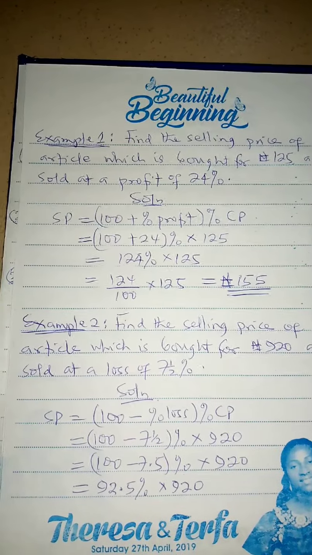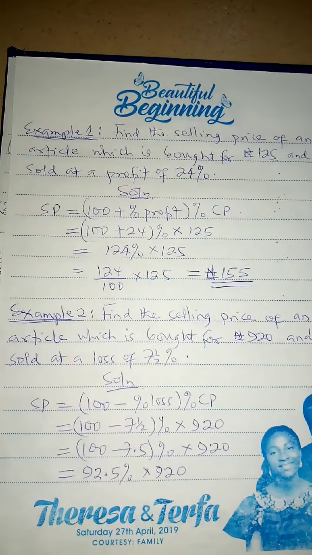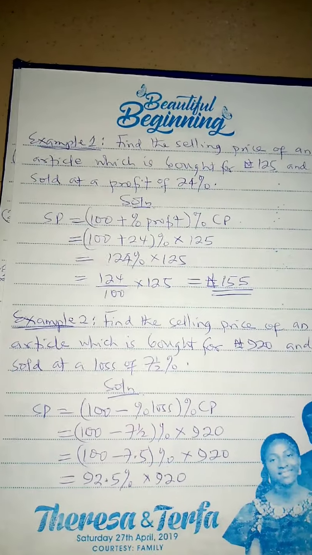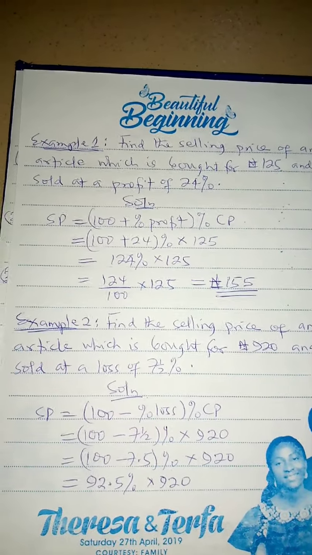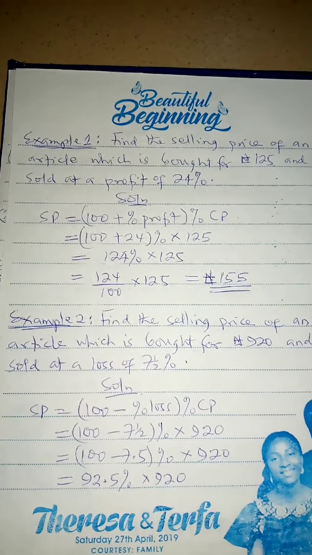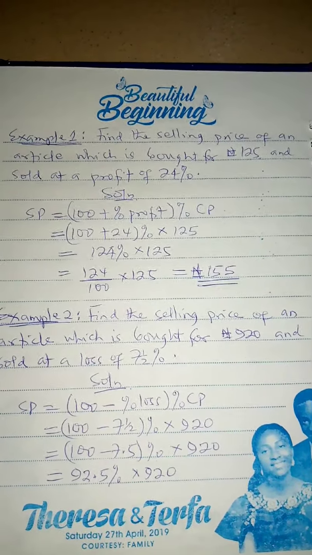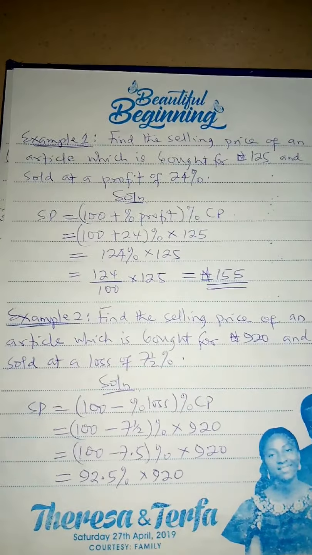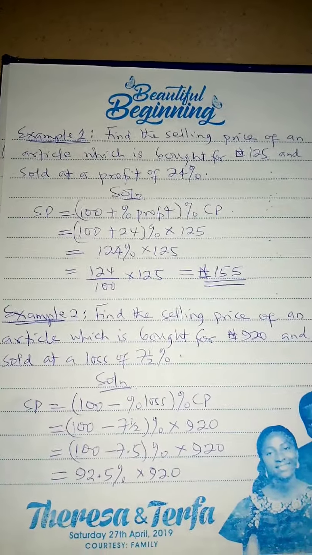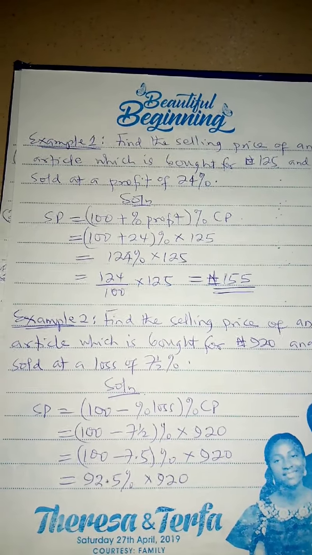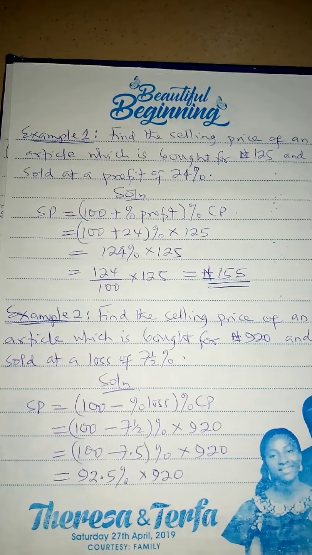Example 2. Find the selling price of an article which is bought for 920 naira and sold at a loss of 7.5%. Bought for 920 naira, that is the cost price, sold at a loss of 7.5%. 7.5% here represents the percentage loss.